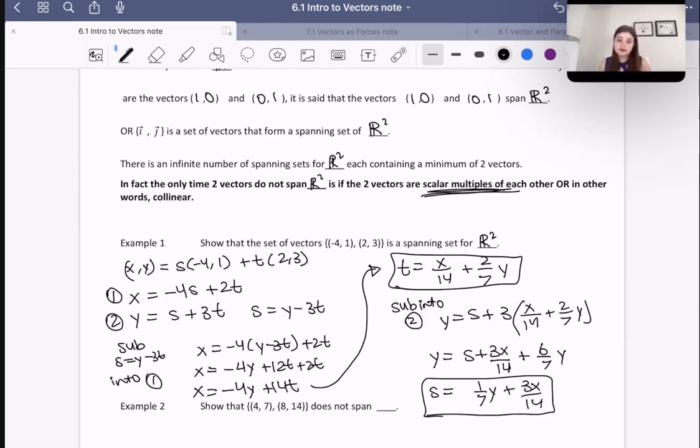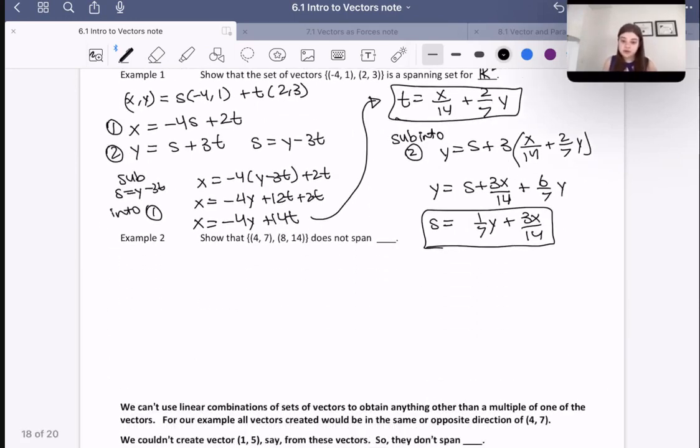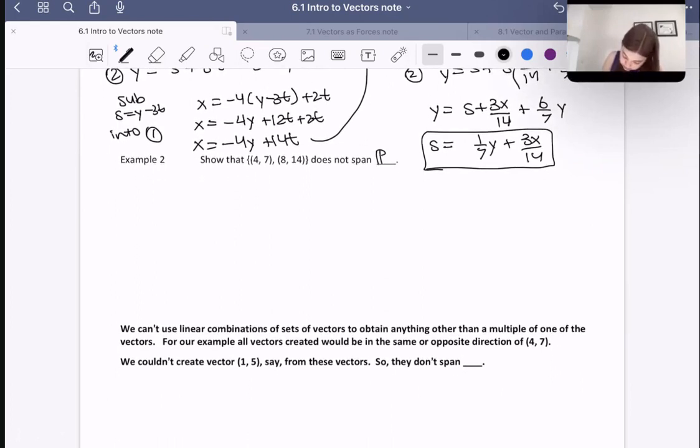Okay, so now we're going to show that these two do not span R2. So in order to show that, we must show that they are linear combinations of one another. And it's pretty clear how, right? If we look at 4 comma 7, we could argue, oh, well, 2 of 4 comma 7 is the same thing as 8 comma 14. And so therefore, these vectors are scalar multiples, so they don't span R2, right?